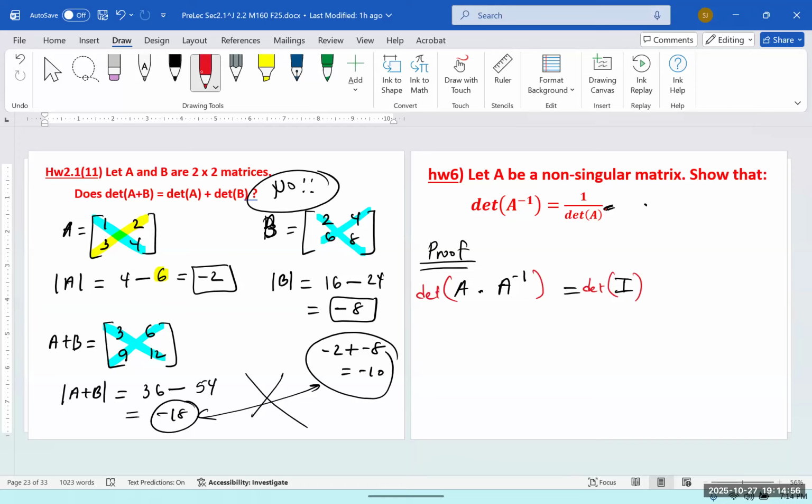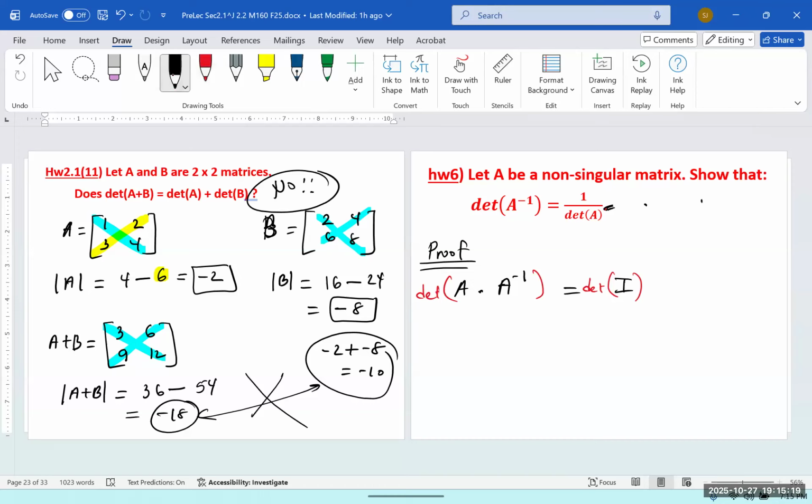Starts with D, ends with L. Diagonal. The identity matrix is a diagonal matrix. What's the determinant of a diagonal matrix? The product of all of them.